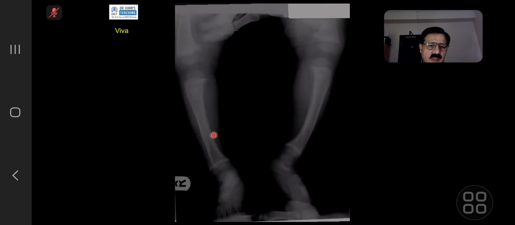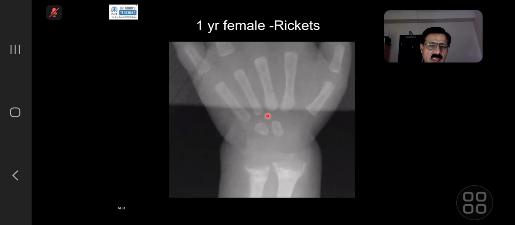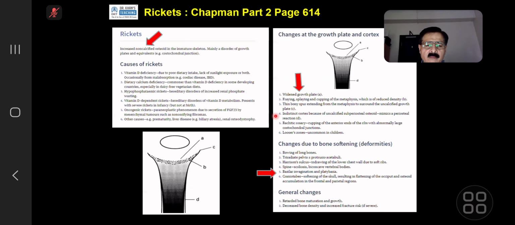Now, if you see here, in this particular case you can see there is a bit of cupping here, and a bit of bowing of the bone. If you go back to the features of rickets in your book, Chapman: changes at the growth plate and cortex, and changes due to bone softening, bowing of the bone.